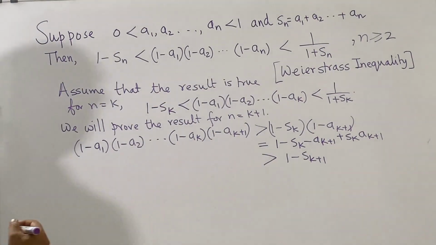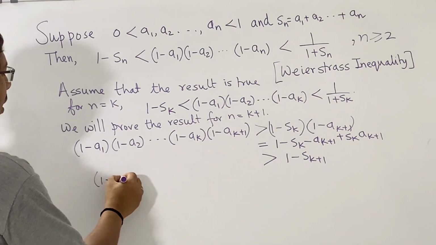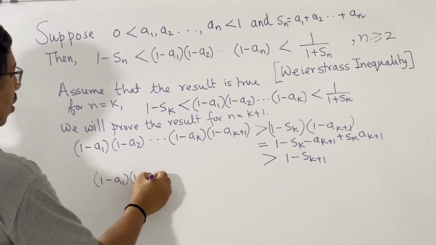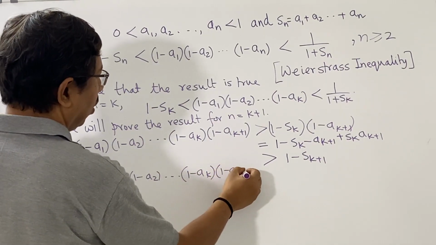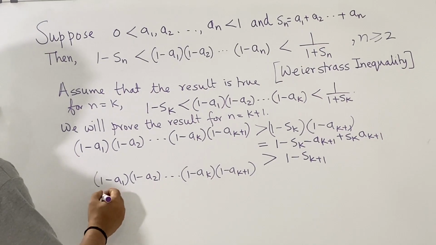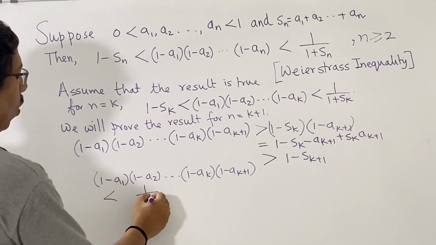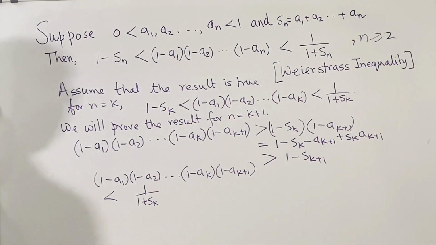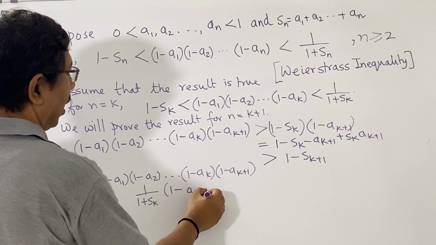For the other part, we observe that (1 minus a1)...(1 minus ak)(1 minus a k plus 1) is less than, again using the induction hypothesis, 1 by 1 plus sk into (1 minus a k plus 1).